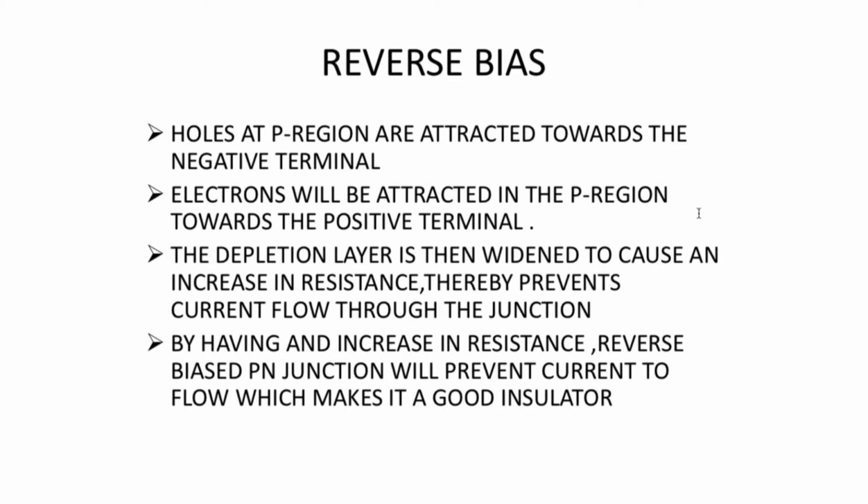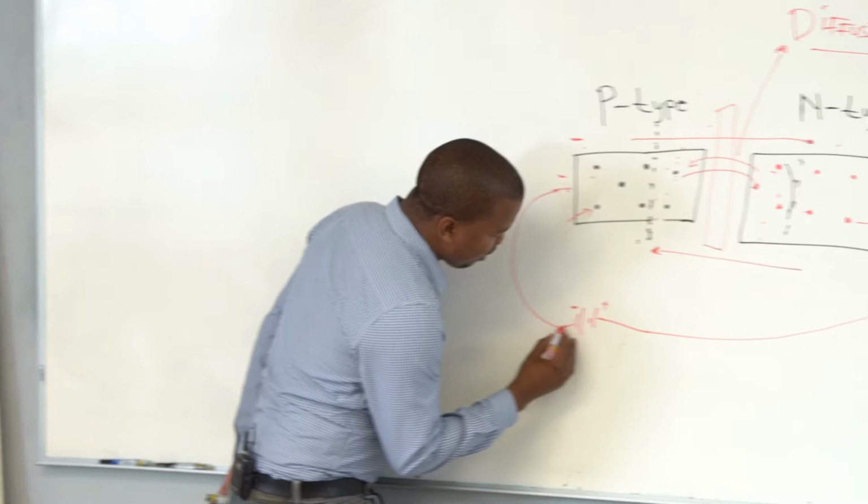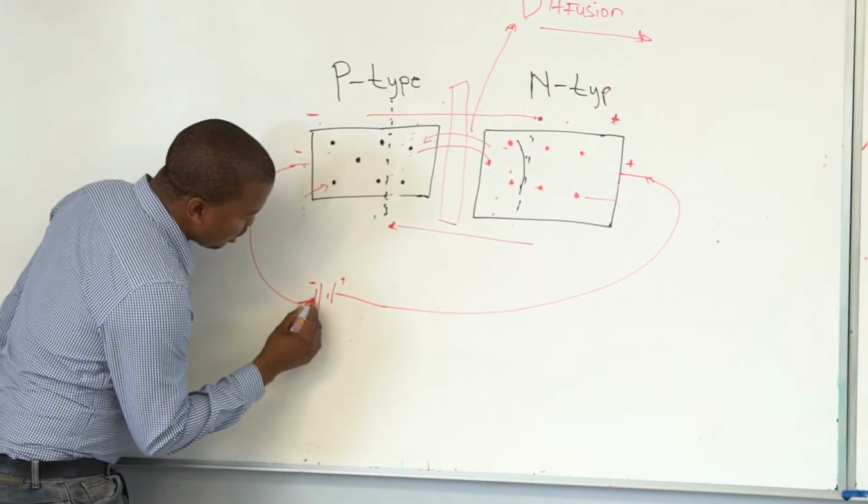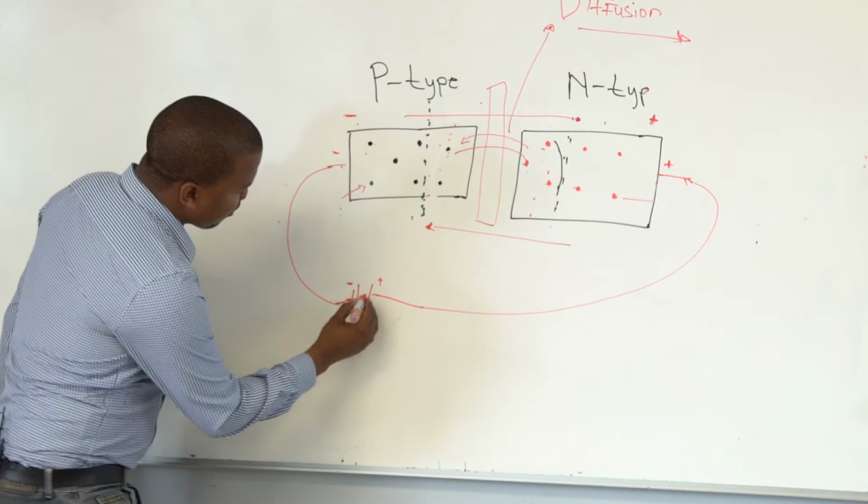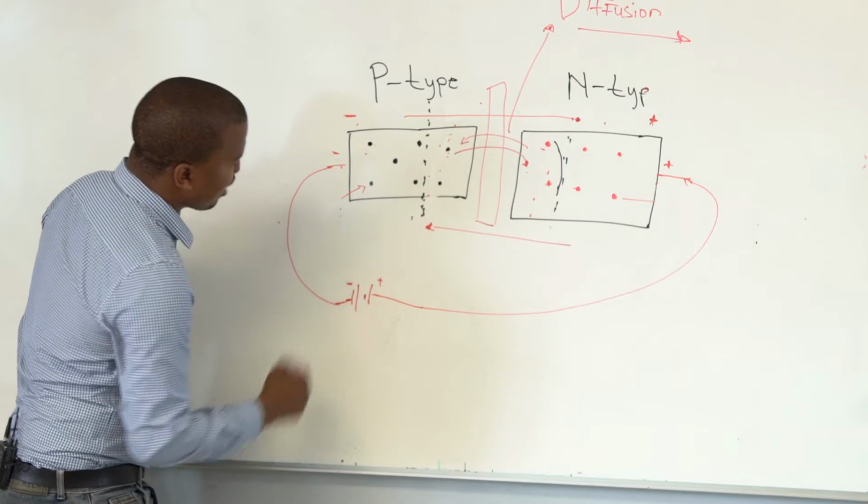source. Going back to our slides, holes at the P region are attracted towards the other terminal. Electrons will be attracted in the P region towards the positive terminal. The depletion layer is then widened to cause an increase in resistance, thereby preventing current from flowing through the junction. What they are saying from our slides is that when a voltage supply is connected this way, we have changed the polarities.